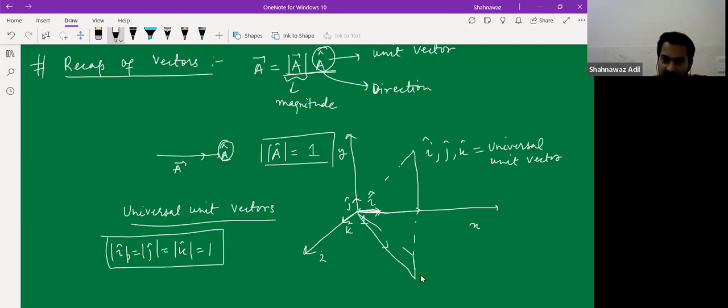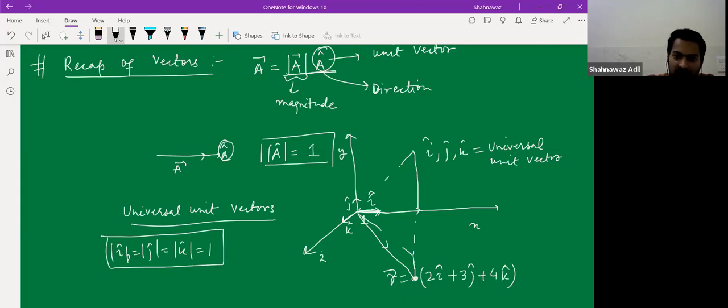Then what would be my position vector? This would be 2 units in the I direction, 3 units in the J direction, and 4 units in the K direction. So this would be my position vector.